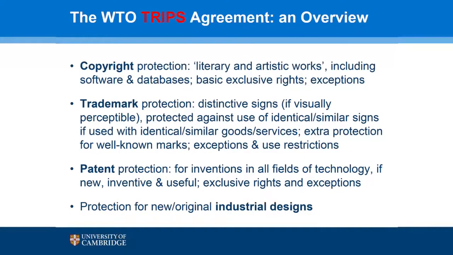That is also embedded in the TRIPS agreement, and that is some kind of protection one can expect in most countries around the world. But again, the question of how consumer confusion would be assessed is something which courts and national laws might take different approaches to.